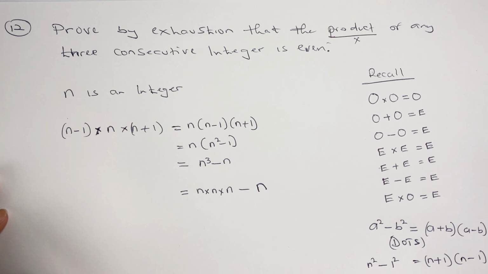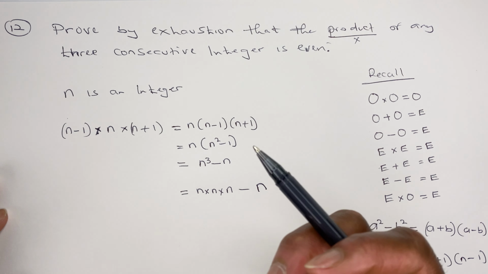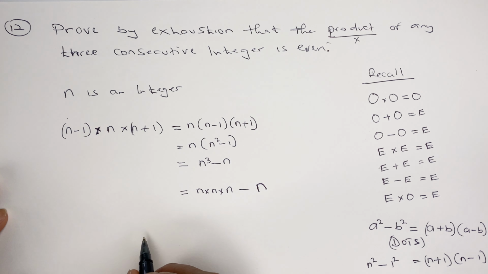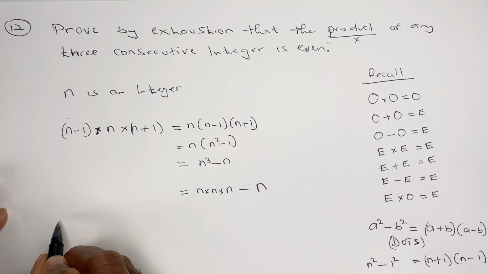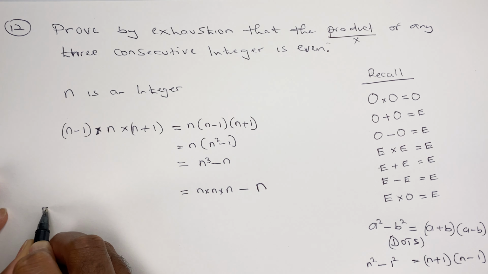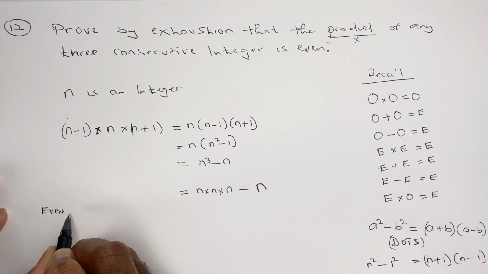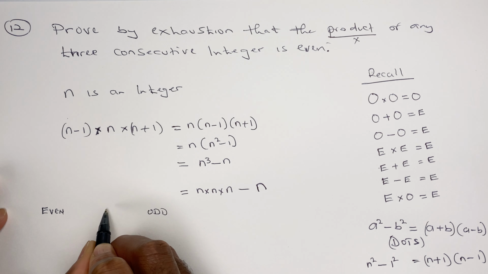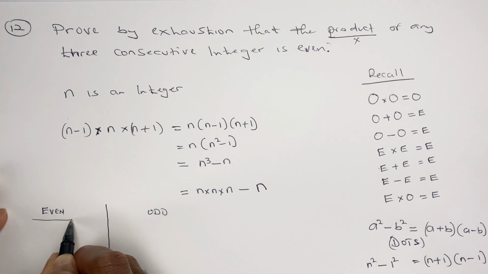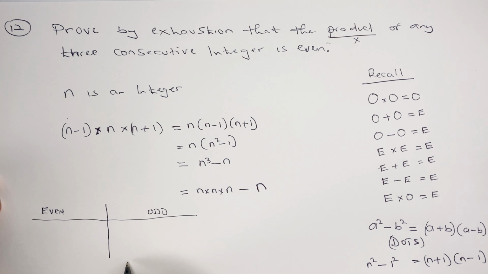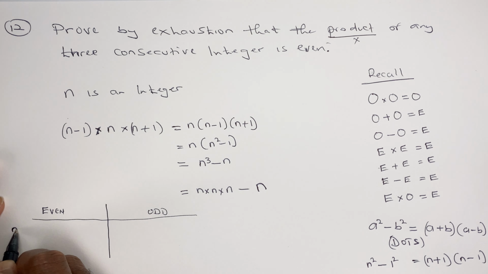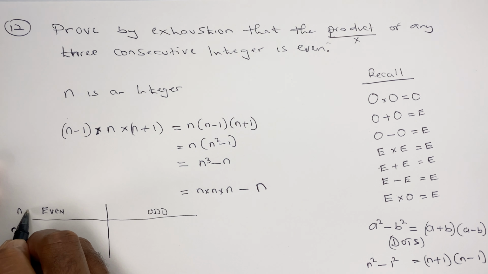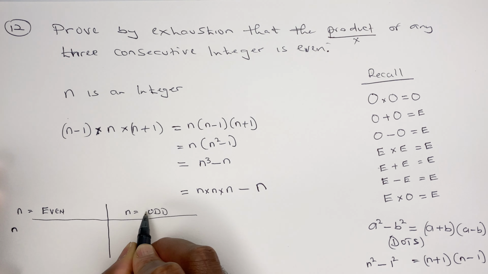We can have even integer and an odd integer. So the 2 cases I'm going to do here will be even and odd, where n is even and n is odd.